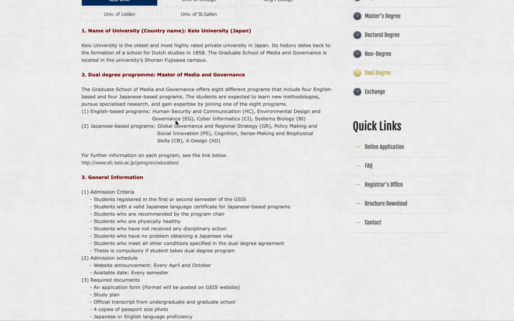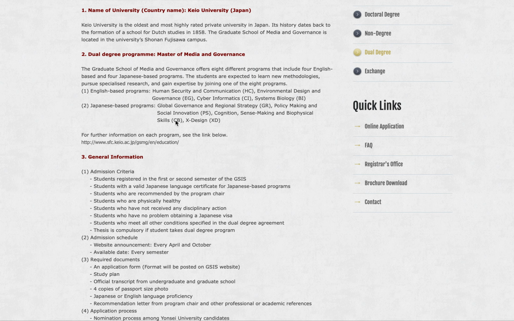I suggest you search more about the location. And let's talk about the program. If you are a Yonsei University student, to apply for this program you have to be good at English or good at Japanese, because there are two categories.